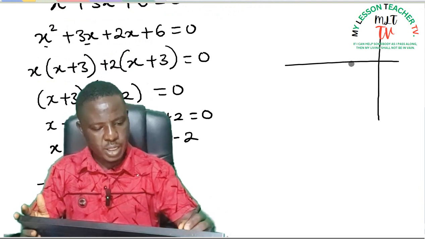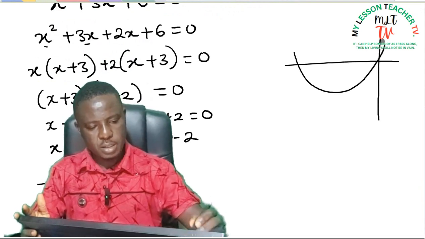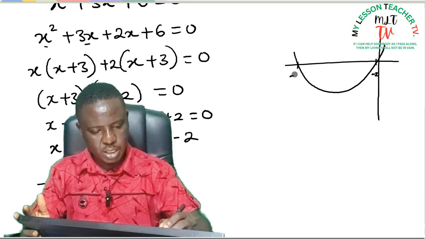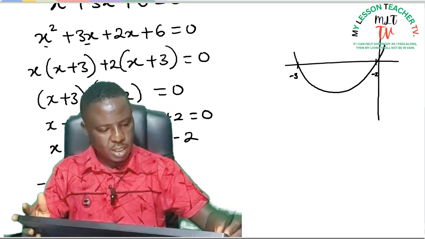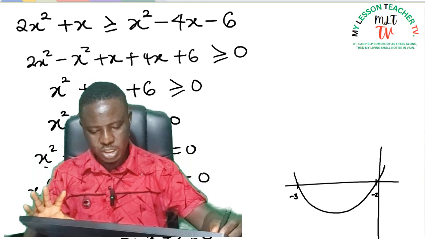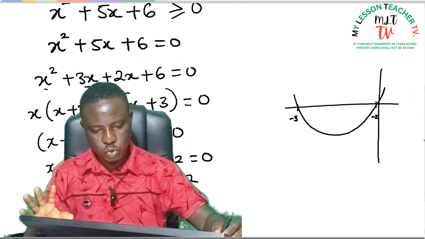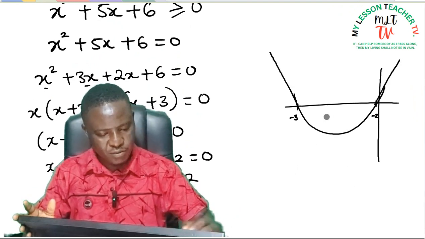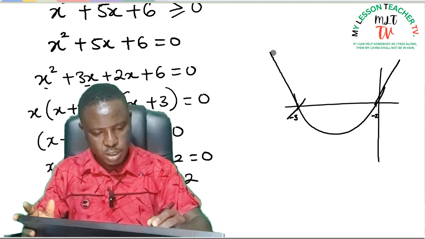Our origin is going to be here. So this is how our graph will be. Since this is a sketch, let's take this to be minus 2 and this is minus 3. You discover that we are asked to find the region where this expression is greater than or equal to 0. Now, these intercepts divide the graph into 3 portions.